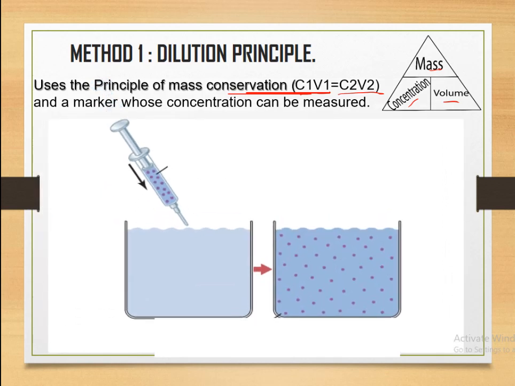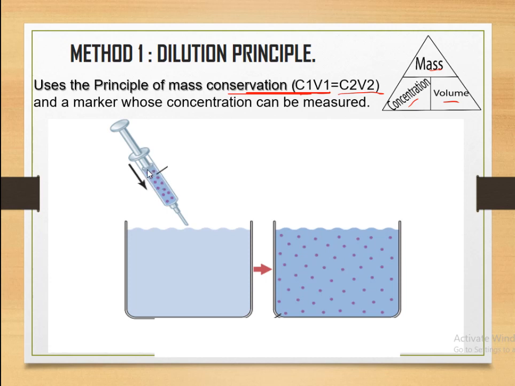As you can see, this syringe contains an indicator. This indicator already has a mass, which is equal to volume times concentration. Mass is equal to volume times concentration.